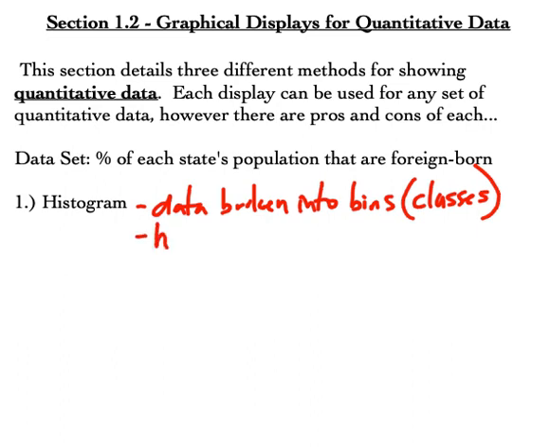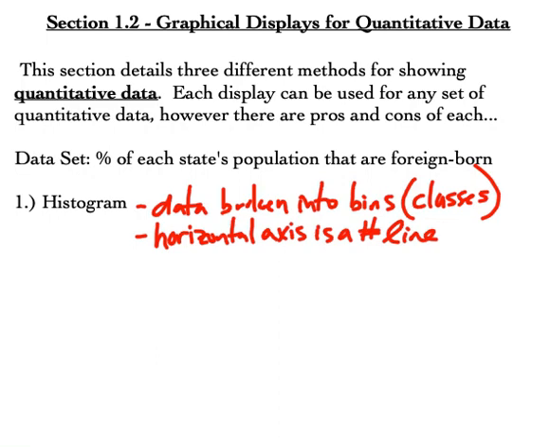The horizontal axis is actually a number line. Okay, and that's a distinction between a histogram, which could look like a bar graph, but this is for quantitative data rather than categorical.